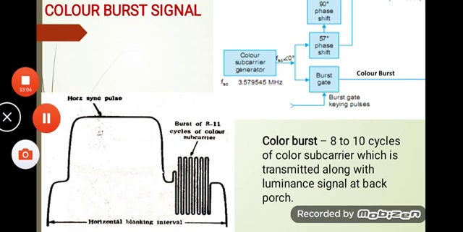In that blank period we fit this color burst signal, and that is how it is transmitted. The same color burst signal helps as feedback to the color subcarrier generated at the receiving side, so that the original color subcarrier signal can be generated and the job of demodulation becomes easy. And this is how the color burst signal works.